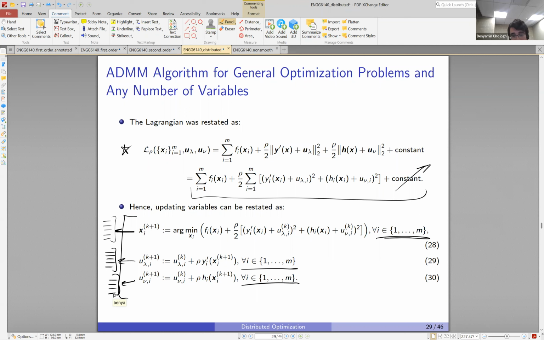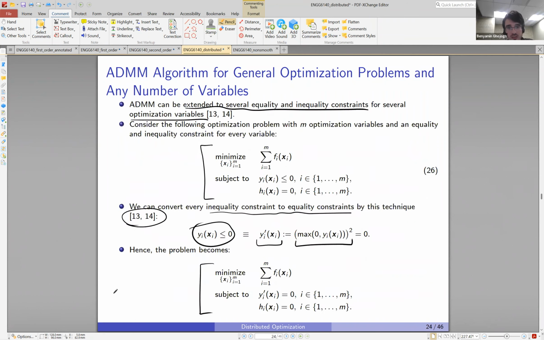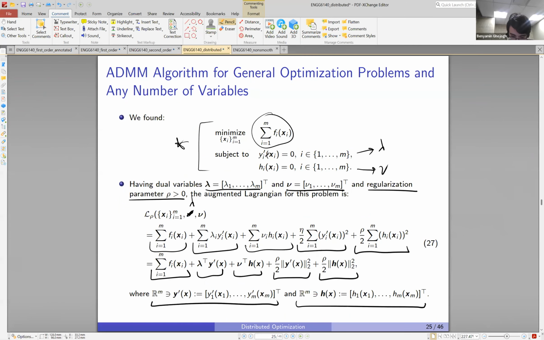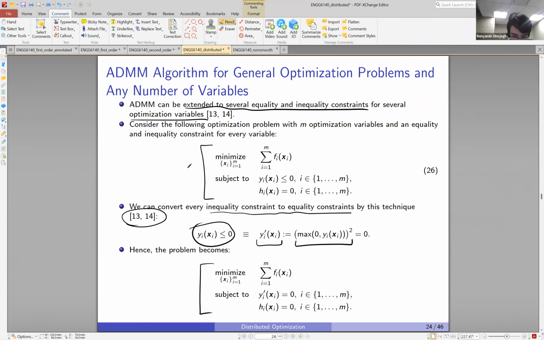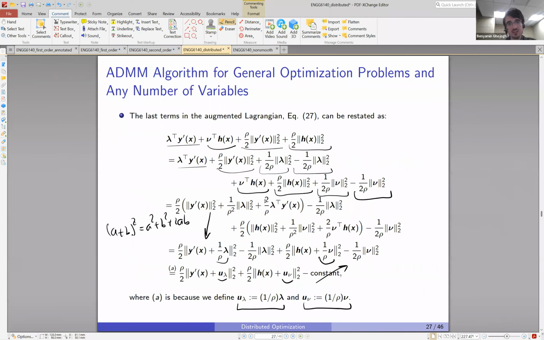Okay. So we could use ADMM for the general case optimization, which was here, with any number of variables, and also inequality and equality constraints. So we can use ADMM to solve a general case optimization problem, which is decomposable and distributed. That's an interesting thing.